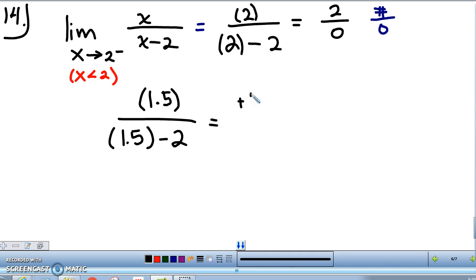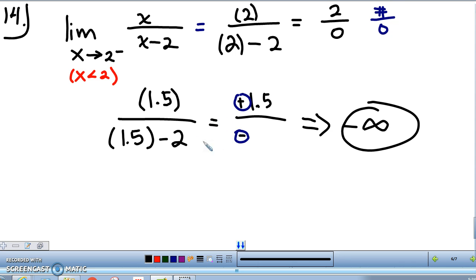We have positive 1.5 on top. And now this is going to be negative. Now see, I can stop here. I made sure that I put positive 1.5 here because technically we can stop here. I know that a positive over a negative is going to produce a negative. Therefore, this is going to be negative infinity.